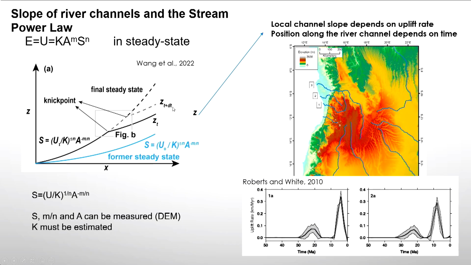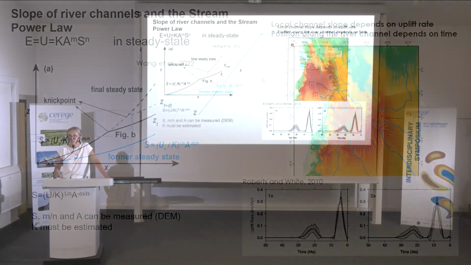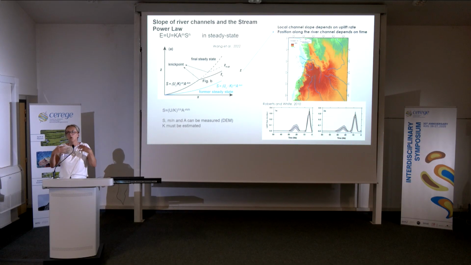So this method has been used a lot because it's not so difficult to use. It provides really interesting information on not the whole catchment, but the whole length of the many different rivers that you can observe. Of course, we have to estimate this K value, which is not so easy.